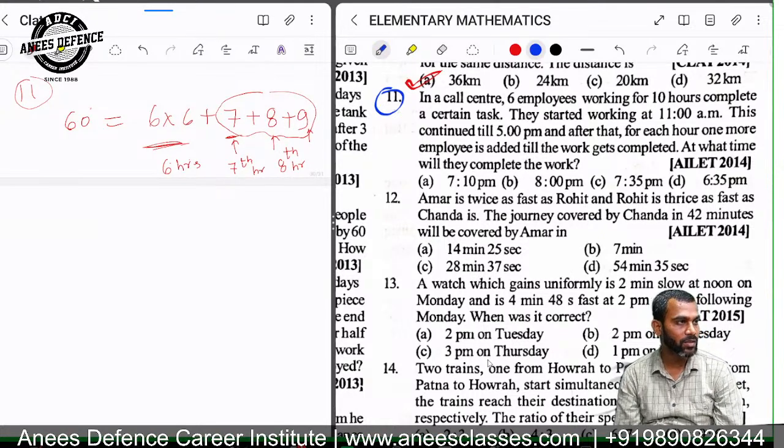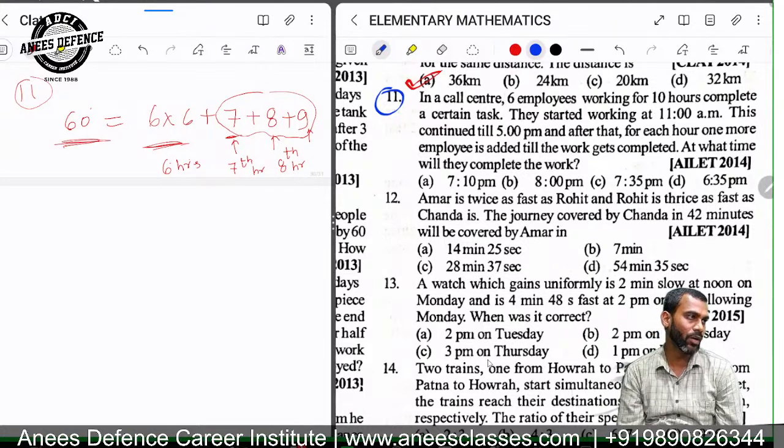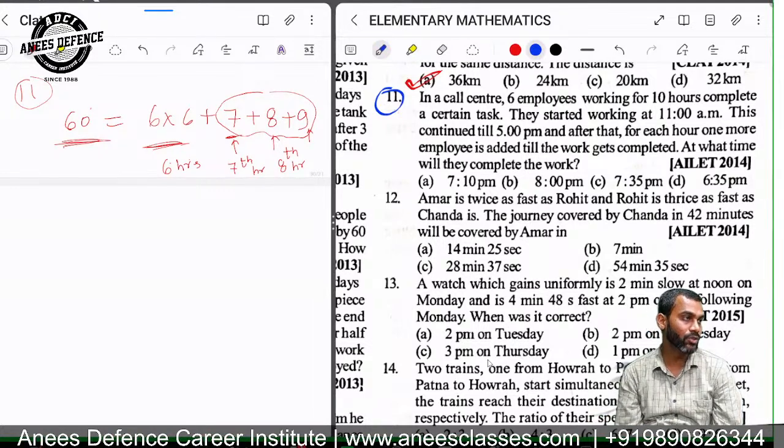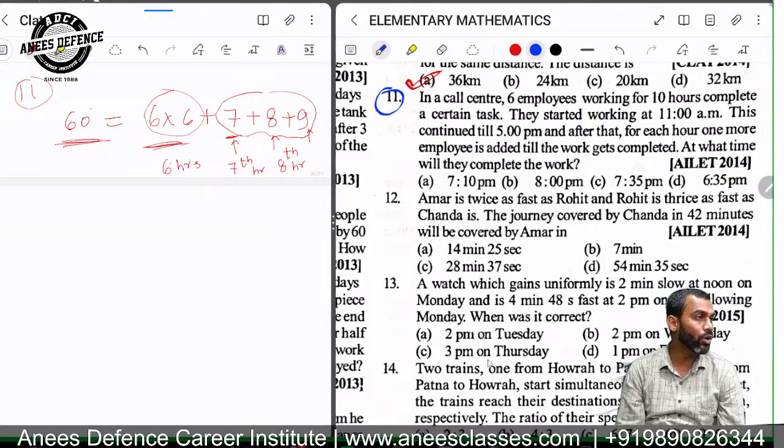So 9 hours in all will not be needed, because the number is that much less. So we don't require the sum of AP. This is 36. We need 24 more.